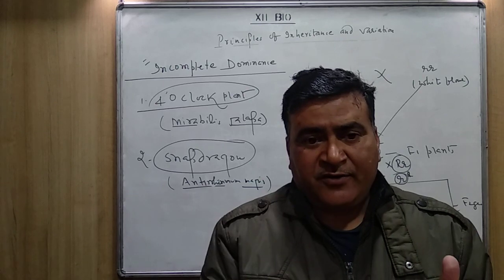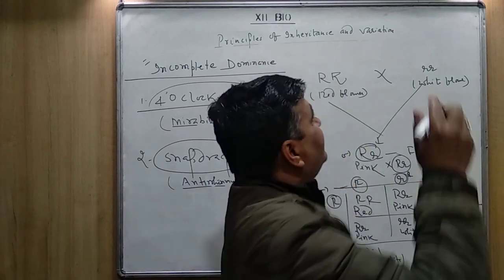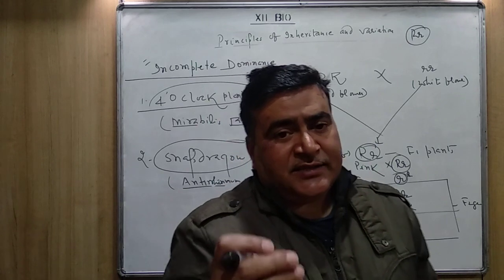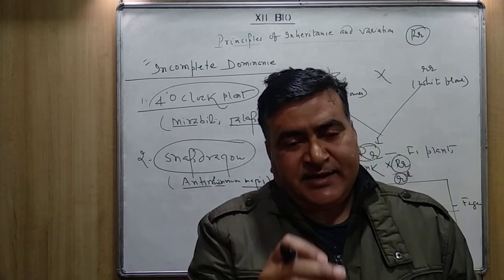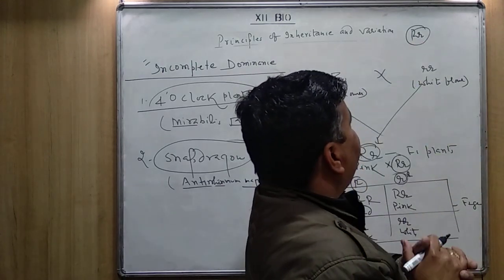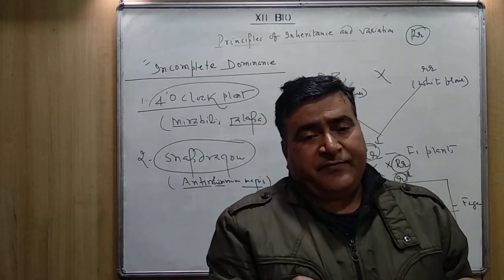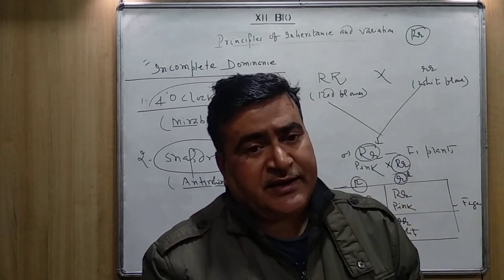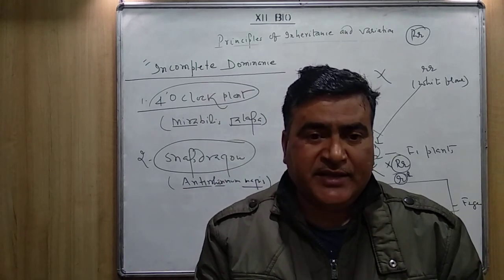Once again, when the two alleles of a trait or a character are present in the heterozygous condition, both the traits produce an intermediate character, and this is called incomplete dominance.